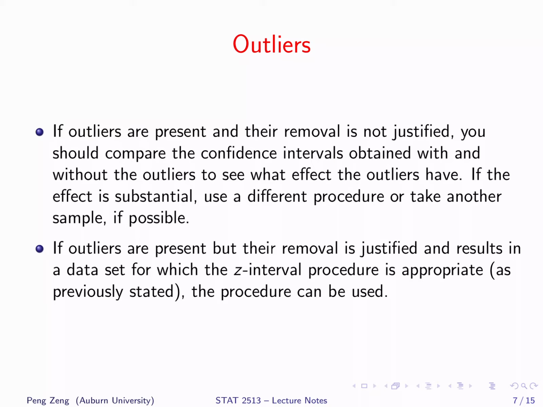You will learn them later in other advanced statistical courses. If outliers are present, but their removal is justified, particularly after removal, the remaining data satisfy the assumptions for the interval procedure. You can apply this procedure to the data with outliers removed.